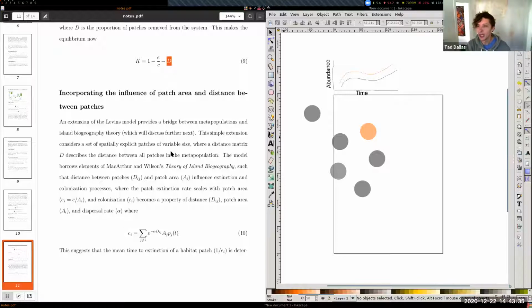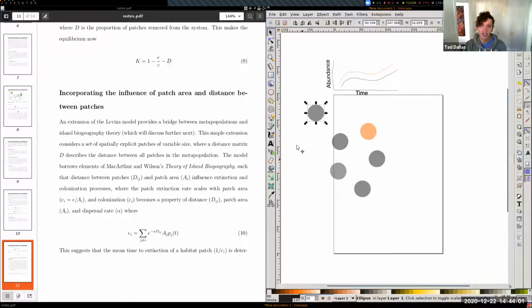How they did that is they modeled dispersal as a function of the species itself, sort of. It was less about the species and more about the patch structure, but there are species traits built into that.